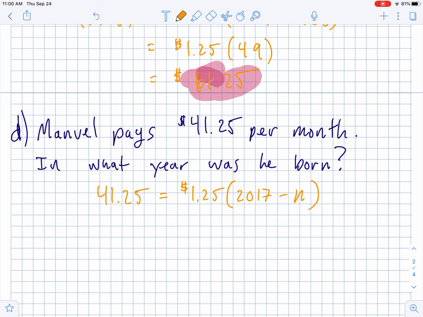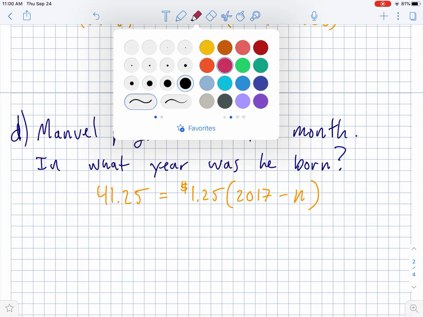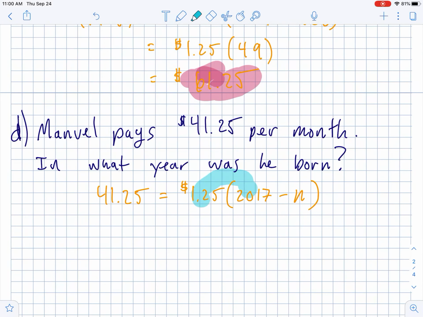First thing I'm going to do, you could distribute the $1.25 to here and here and then start solving, but instead of doing that, I am just going to divide both sides by 1.25. So 41.25 divided by 1.25 is 33.